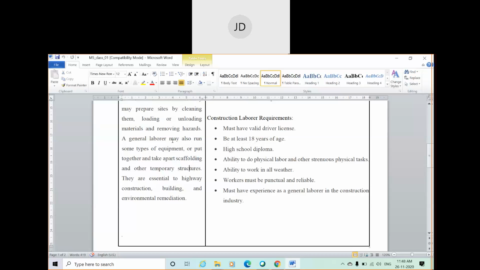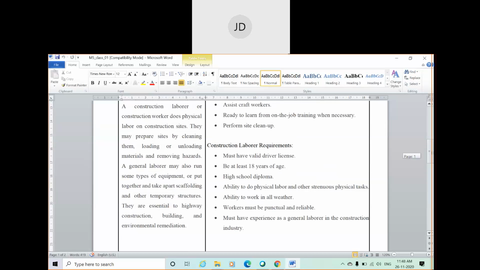So a general labor or construction labor has the work to create a scaffolding and to take apart the scaffolding, which is actually a temporary structure in a construction site. And they are essential to highway construction, building construction, and environmental rehabilitation projects.